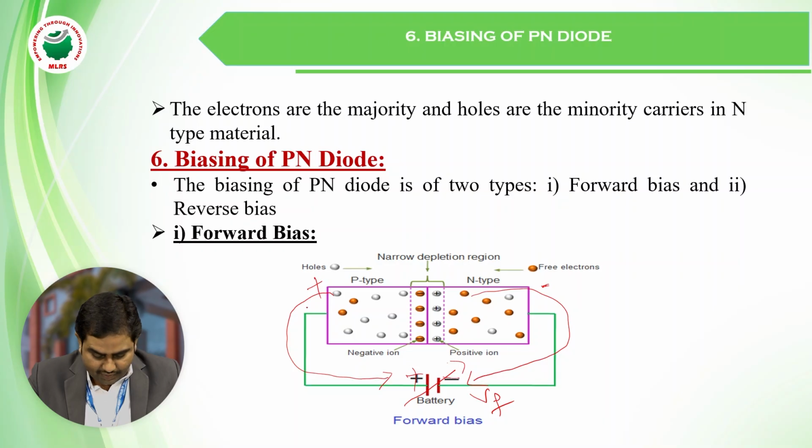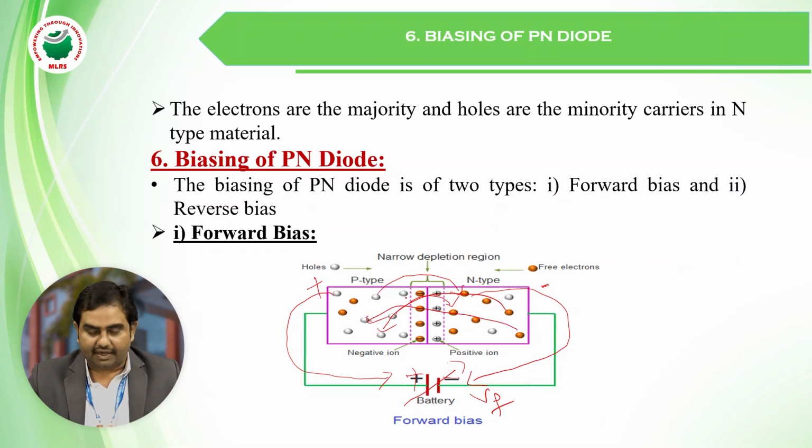The holes are not able to reach the positive polarity of the battery, and the holes in the p-type will move towards the electrons in the n-type material. In the same way, the electrons have negative charge and are unable to reach the battery and will repel from it, and the only option is that the electrons in the n-type material will recombine with the holes in the p-type material.